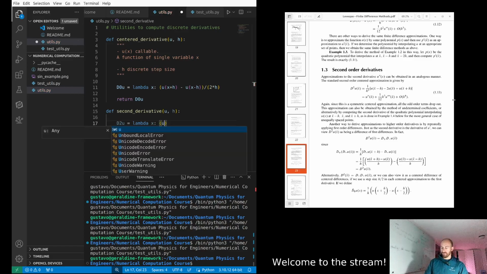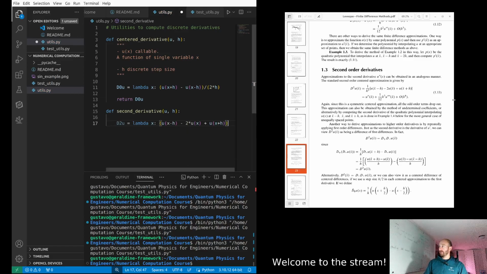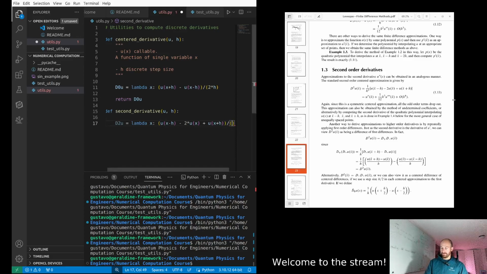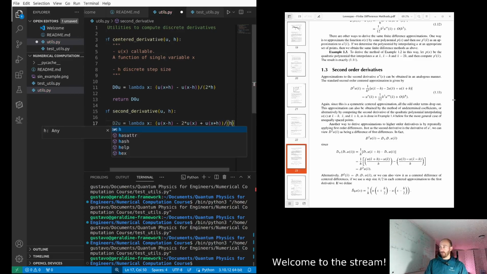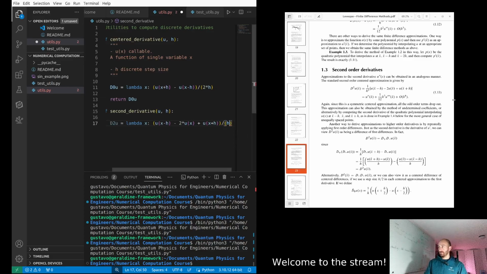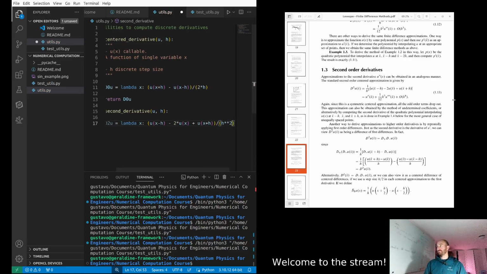Parentheses u of x minus h, minus 2 times u of x, plus, sorry, u of x plus h, and this divided by h square.